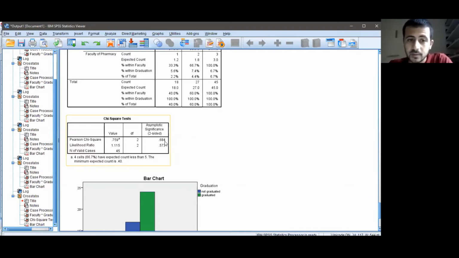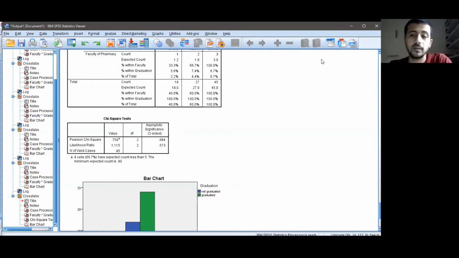Okay, so is the difference in that table significant or not? Please. Any answer? A p-value of 0.6. Significant. No, not significant.